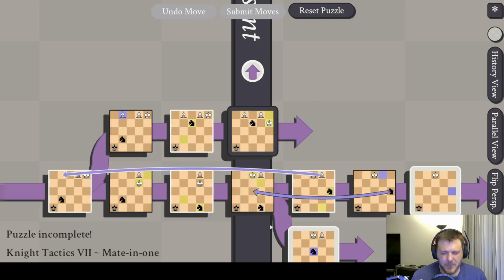Unless he can move one of his bishops across, which he probably can.